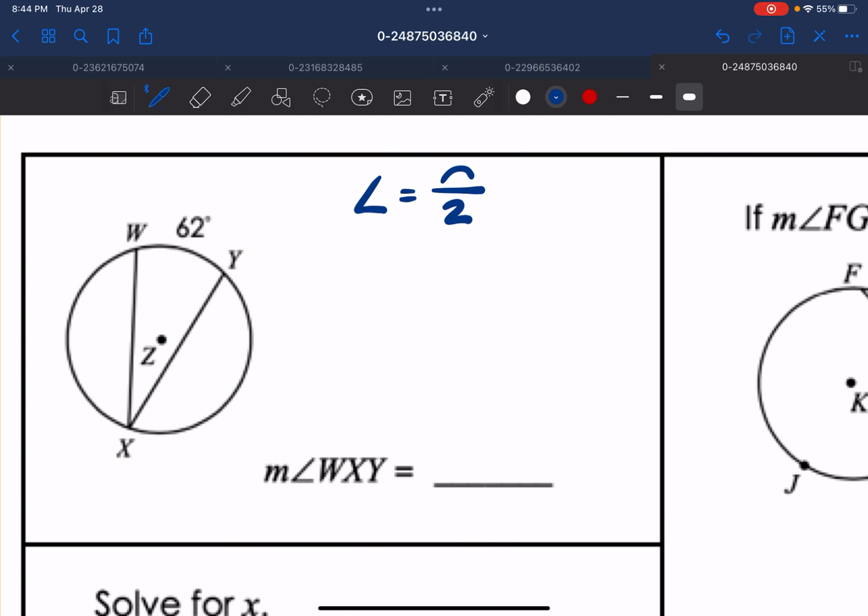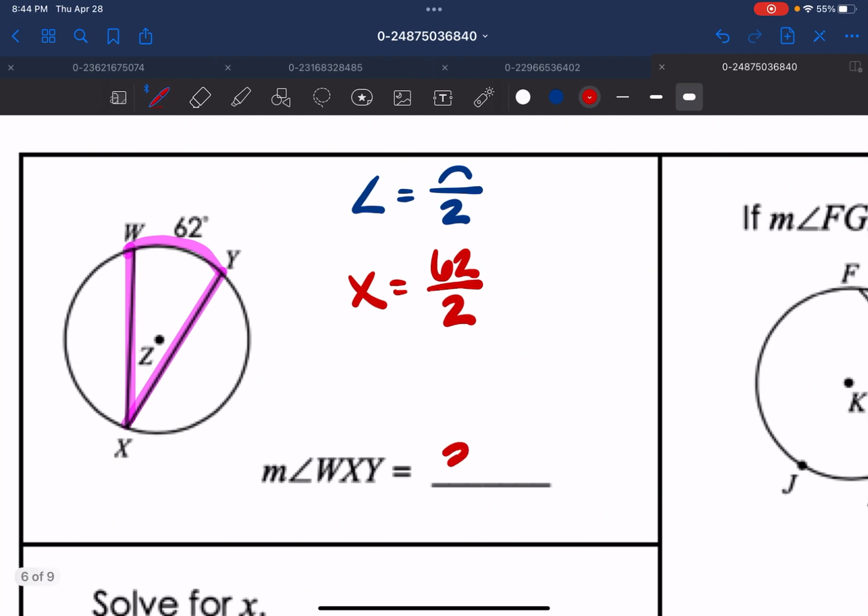Looking at our picture here, I'm going to highlight my angle, and I'm going to highlight the arc that corresponds to it. And that might be a good idea for you to do also in your notes. Grab a marker. We don't know anything about the angle, so I'm just going to substitute x in for angle. But I do know my arc is 62, and so I would plug that into my formula, which makes this really easy. 62 divided by 2 gives me an angle measure of 31 degrees.